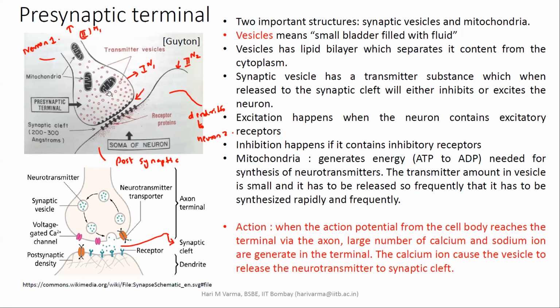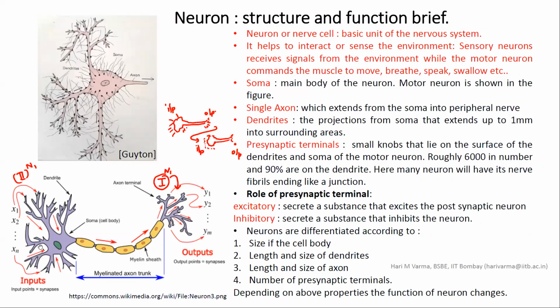So what happens when an action potential is picked up by this dendrite and passes through the myelinated sheath, through the axon to the axon terminal? When this action potential passes through the axon terminal, basically a lot of sodium ions are going inside, and some potassium ions are coming out.